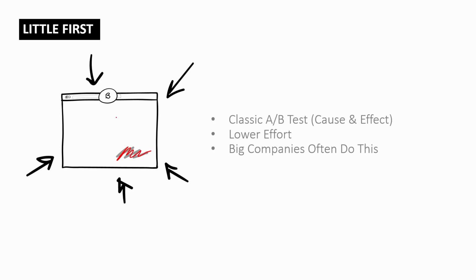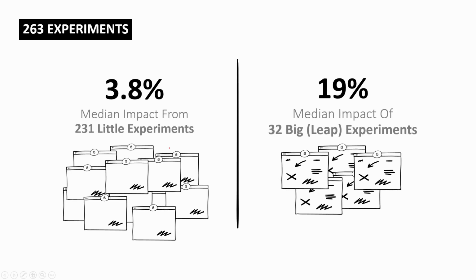By isolating it, we can determine whether it has an effect or not. Typically, though not always, these experiments have lower effort or are easier to set up because they require less work, although there are exceptions. I think big companies also tend to do these, and maybe we get inspired by larger companies as well.